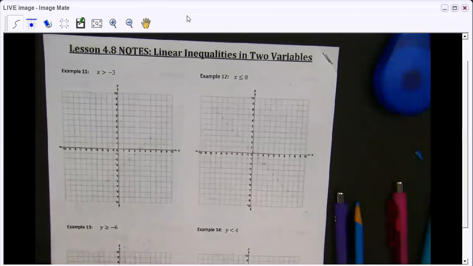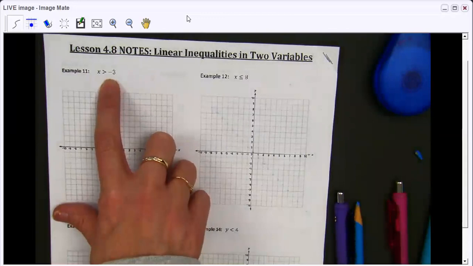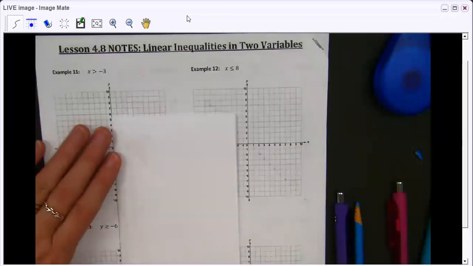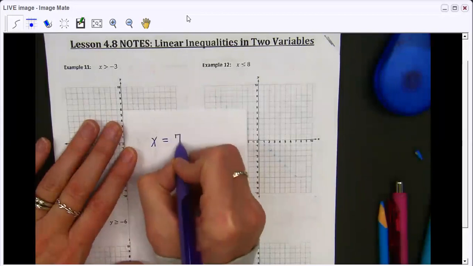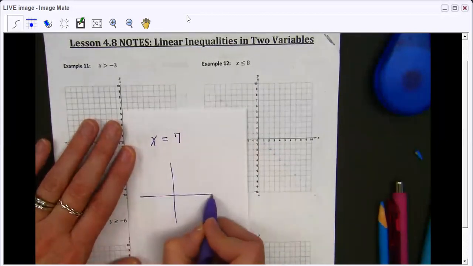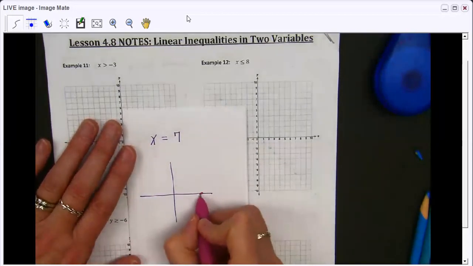Now, they're very similar. So remember how when we had equations, let me get a piece of paper out here. And we had say x equals 7. What we did on our graph is that we plotted a point on the x-axis at 7.